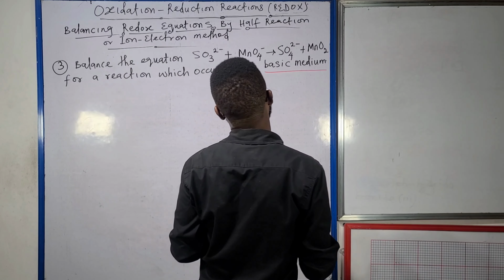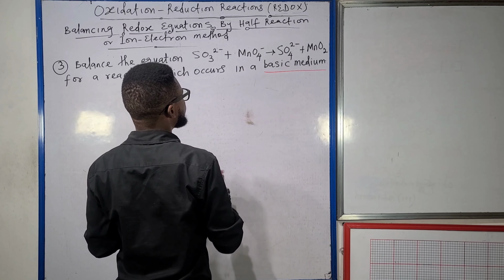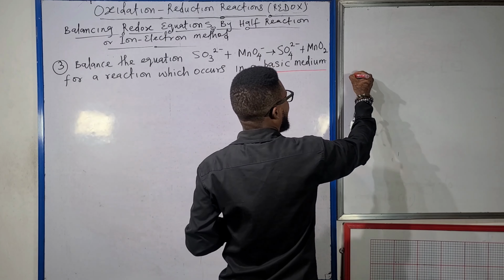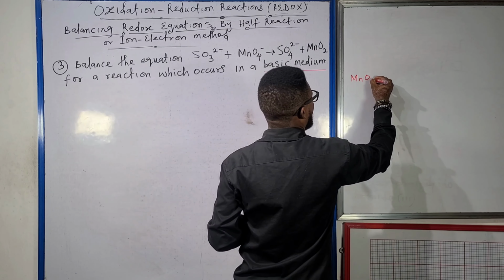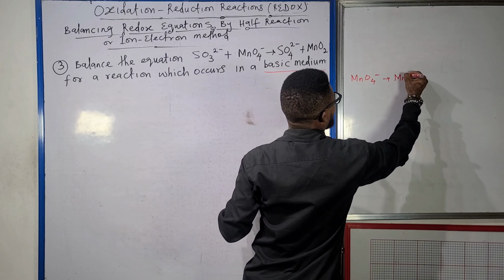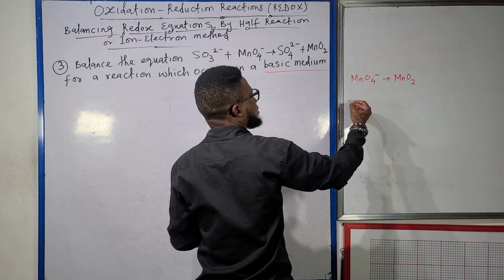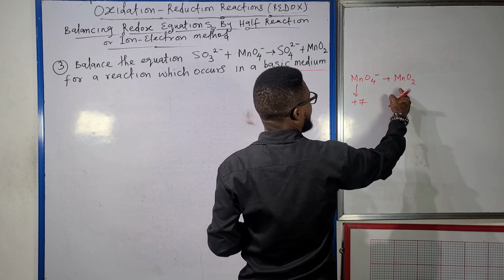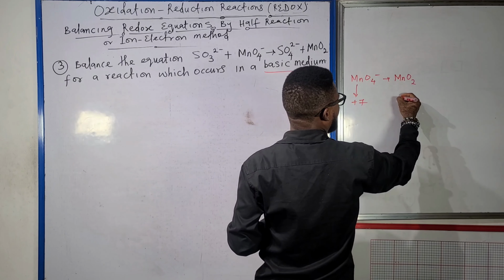Looking at this, manganese in MnO4 minus, to get MnO2, this is the tetraoxomanganate ion. This Mn here is plus 7, Mn here is plus 4.